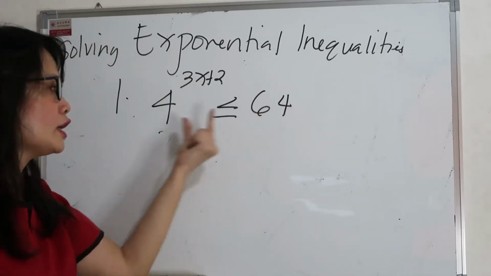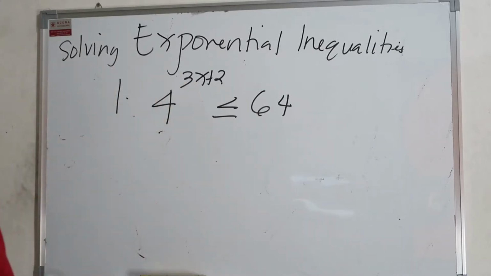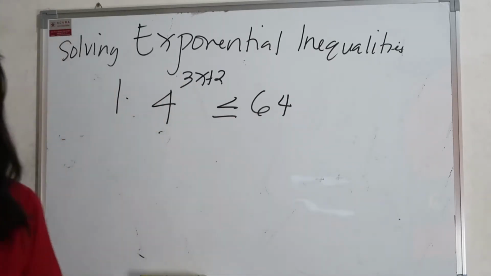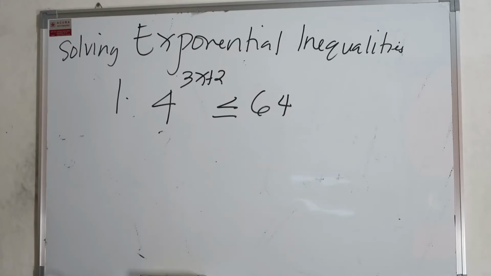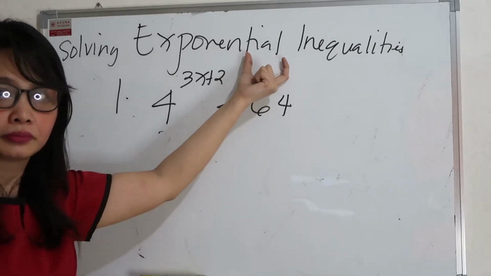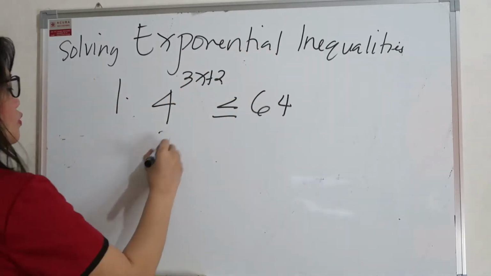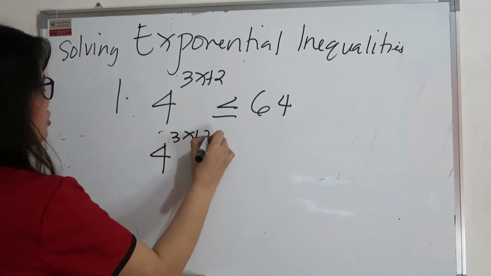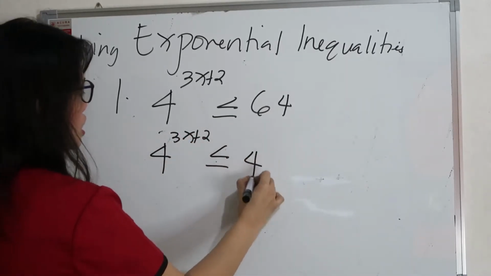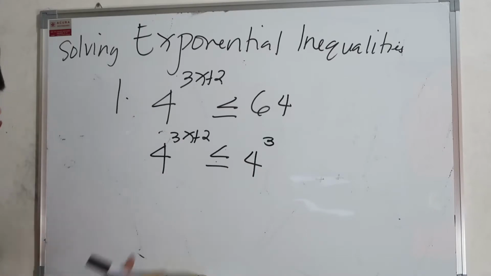You write 64 and 4 with a common base. What's common? 4 to the power of what? 3. So you have 4 raised to 3x plus 2 less than or equal to 4 raised to 3. Okay? So same na.